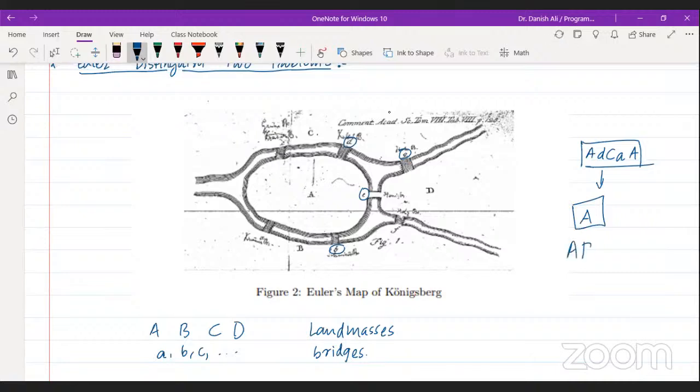No, A little d, A little b, little d, big A. Here you also use two letters.